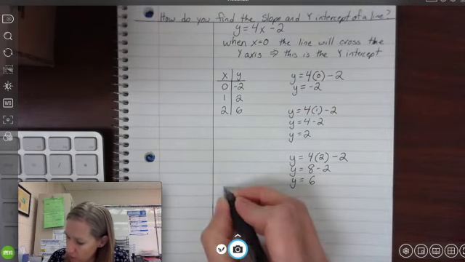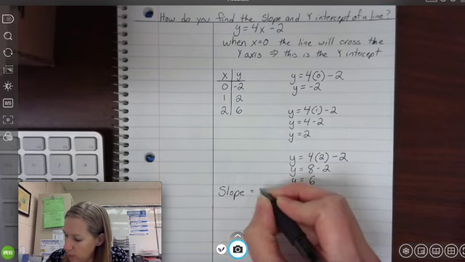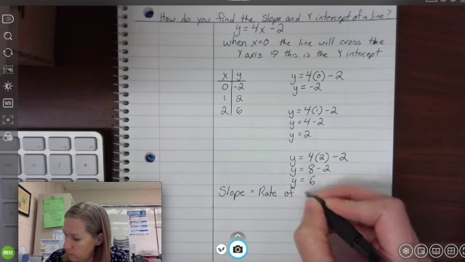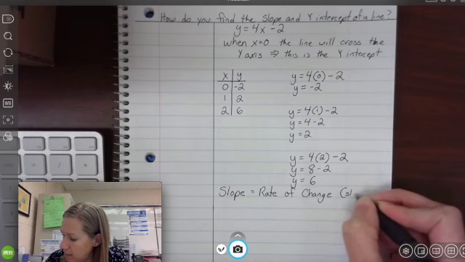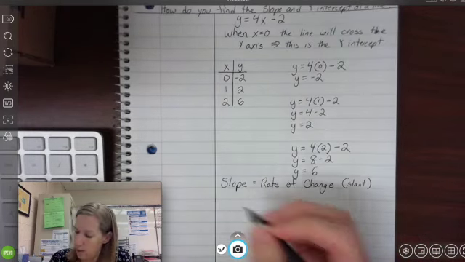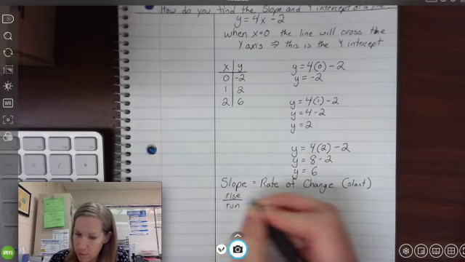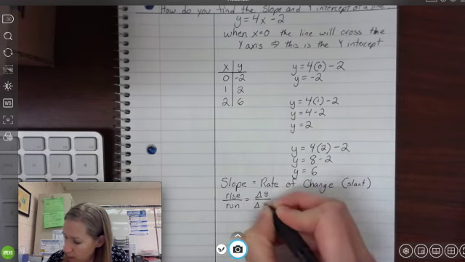As a reminder, slope equals the rate of change, or slant of the line. We know this as rise over run, or change in y over change in x.